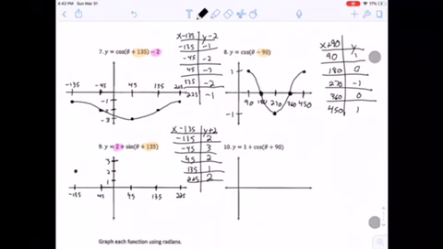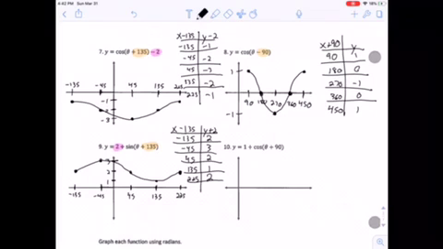Negative 135 and 2, negative 45 and 3, 45 and 2, 135 and 1, 225 and 2. And now draw your curve. And there we go.